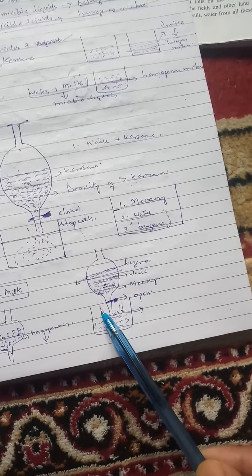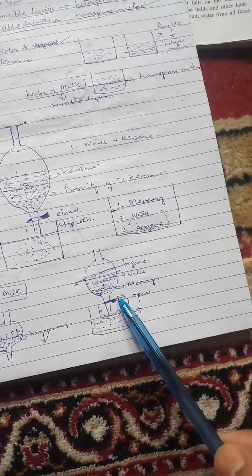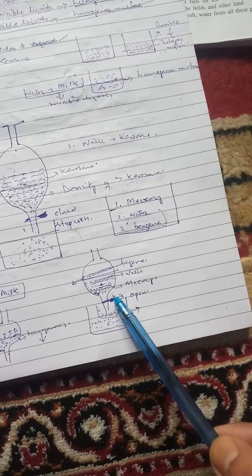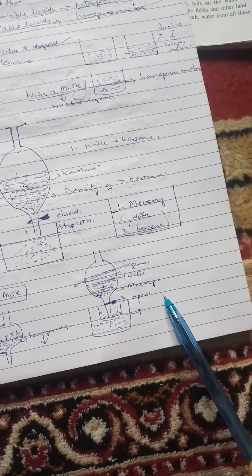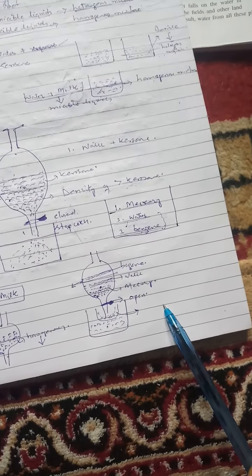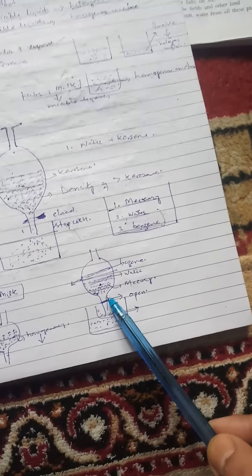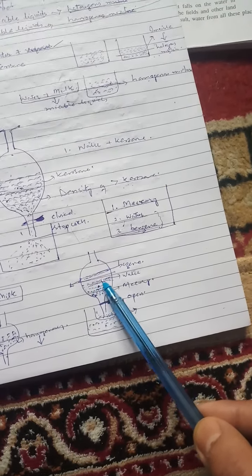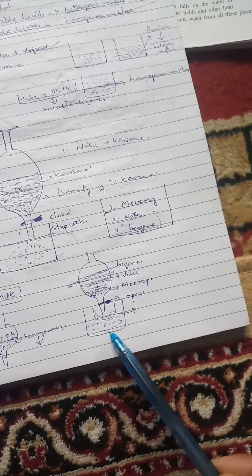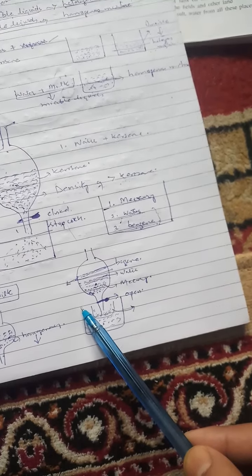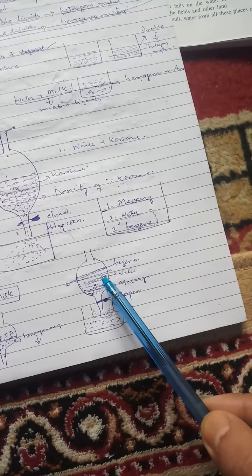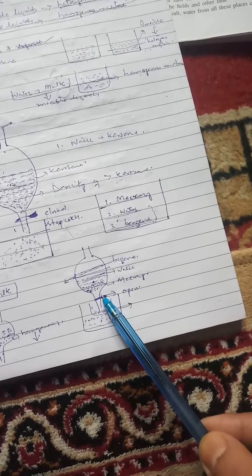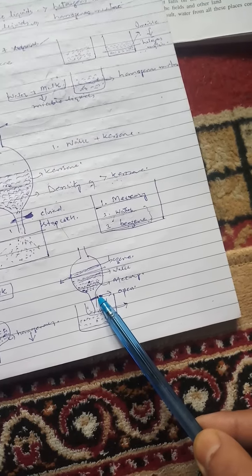As soon as all the mercury is collected in the beaker, we have to close the stopcock. Remove this beaker, and again open the stopcock to get the second component, that is water, in another beaker. And when all the water is drawn out of it, close the stopcock again.